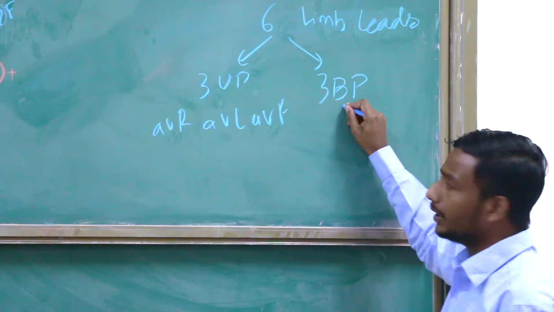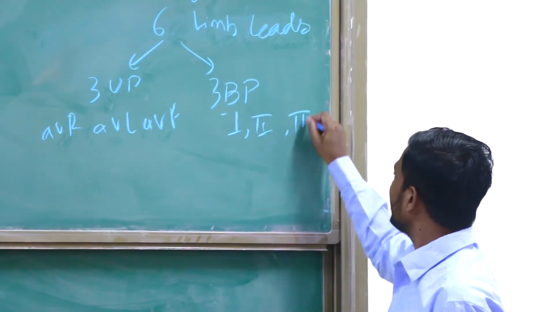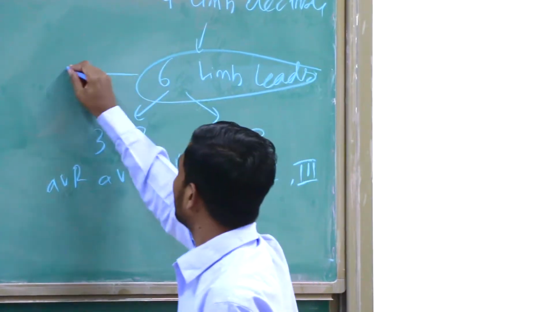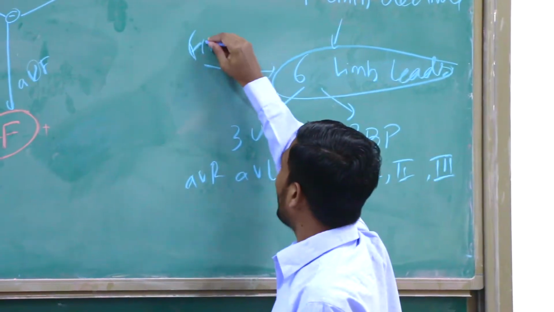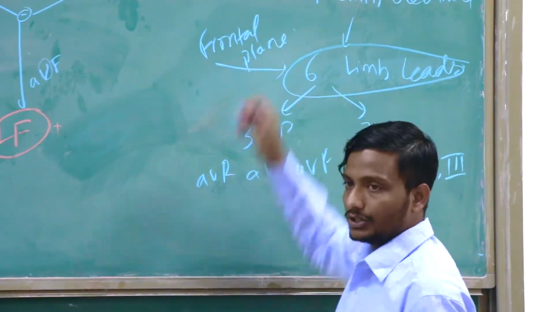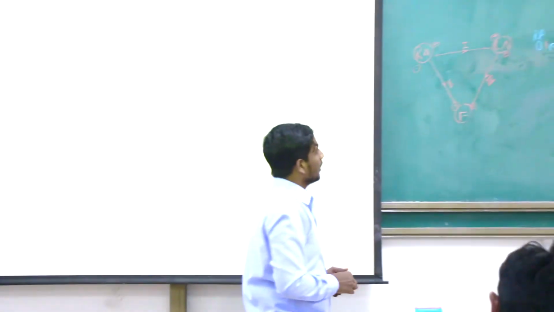Perfect. And the 3 bipolar? 1, 2, and 3. Okay, you tell me, all these limb leads, how do they look at our heart? At which plane? Frontal plane. This is how we look at our heart through the frontal plane. Any confusion now?